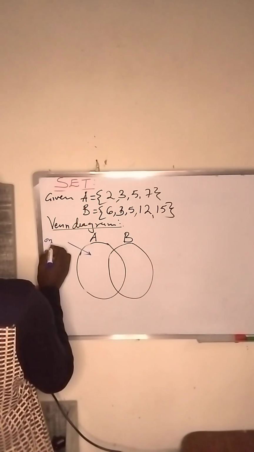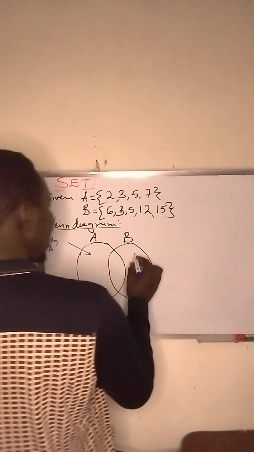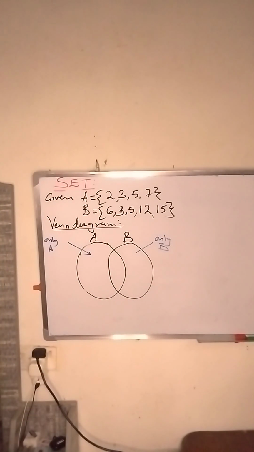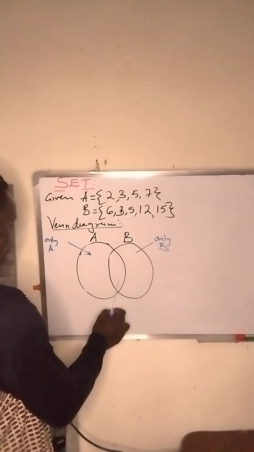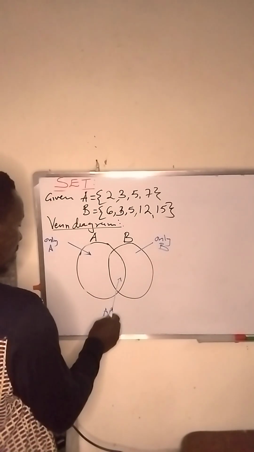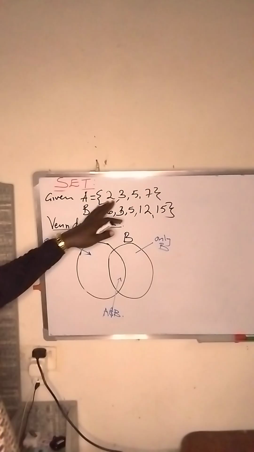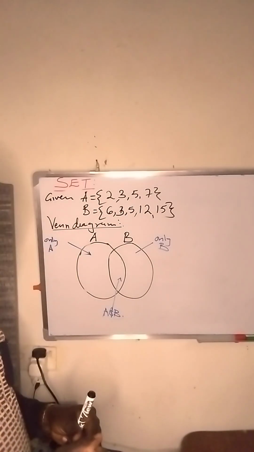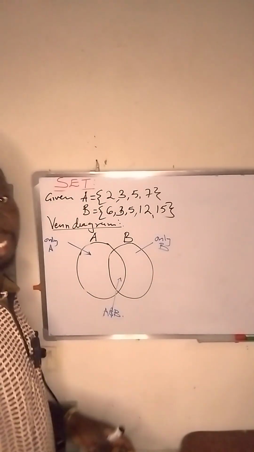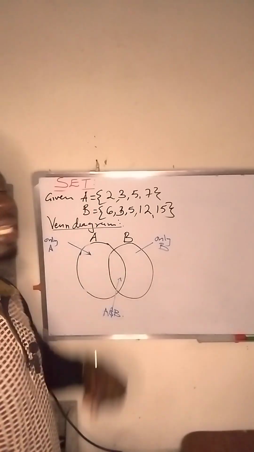Here we write only members in A. Then here, we write only members in B. Then inside here, we write all of those members who are in A and B. When you are given sets like these, you observe element per element, and ask: is a 2 found in set B?